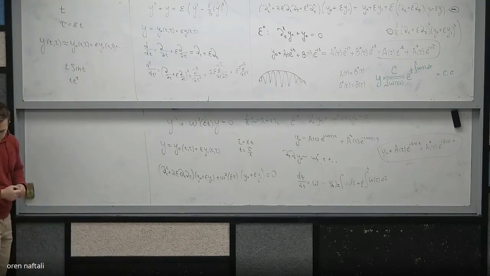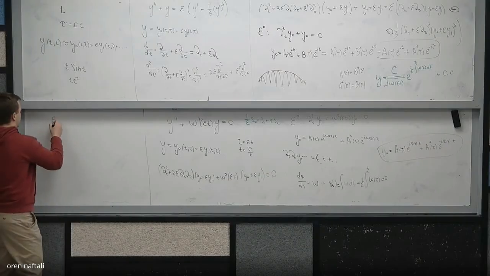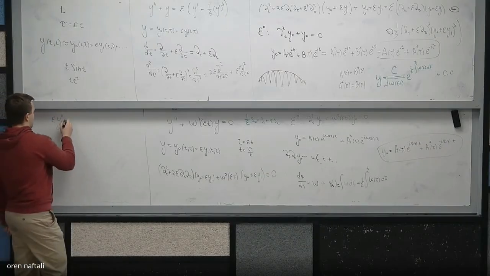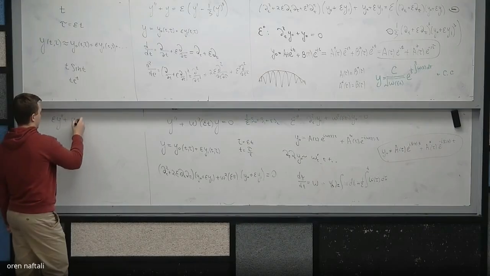So we have the usual boundary layer problem: epsilon y double prime plus a times y prime plus b times y equals 0.